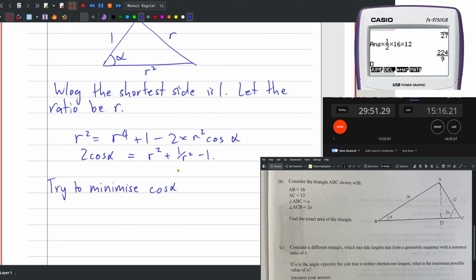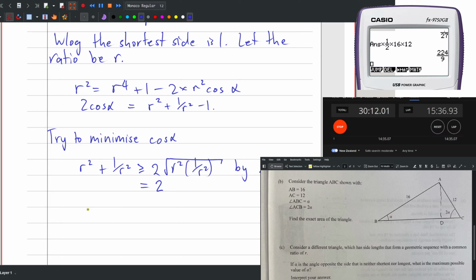Right, so if it's r squared plus 1 over r squared, then it's greater than or equal to 2 square root of r squared times 1 over r squared by AM-GM, which is equal to 2.